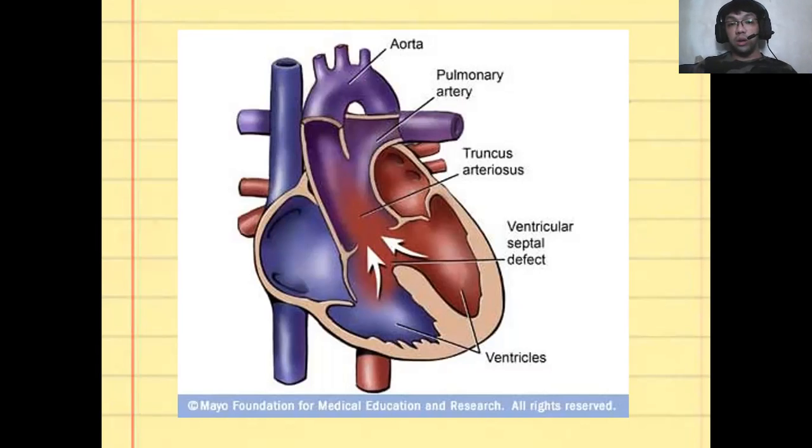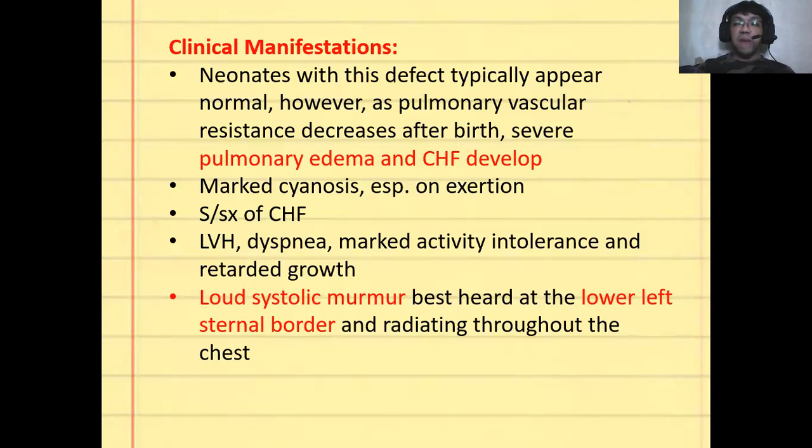That's truncus arteriosus. And what happens here is there is further mixing of oxygenated and unoxygenated blood.